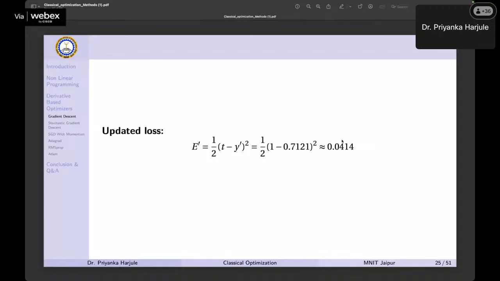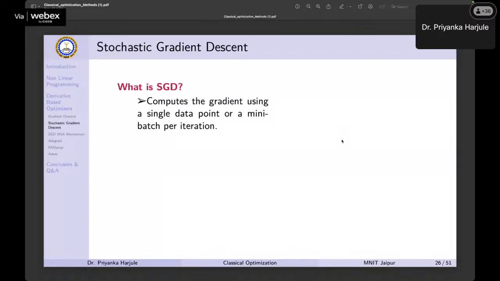So you see how the gradient descent is working and how slow it is. In the first step, with the first forward pass, you got the error to be 0.0418, and with this one update you have got it to be 0.0414. So that is very, very little updation that has happened. So this is very slow, and it converges very slowly.